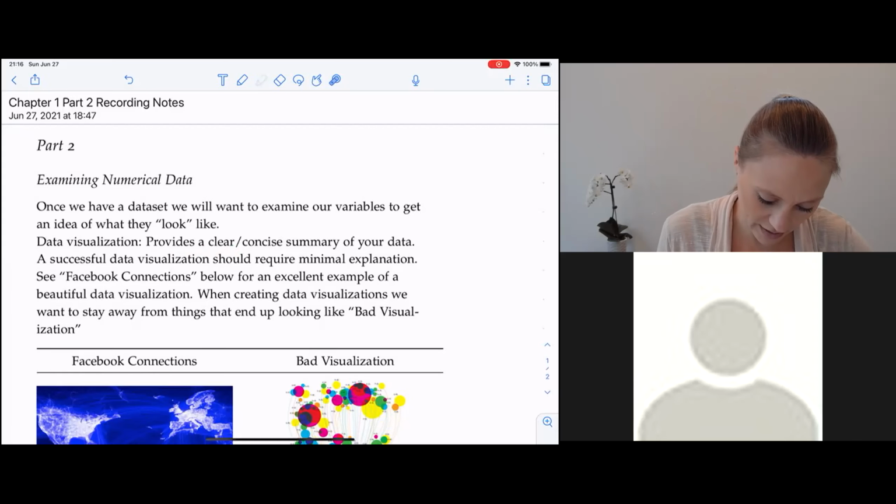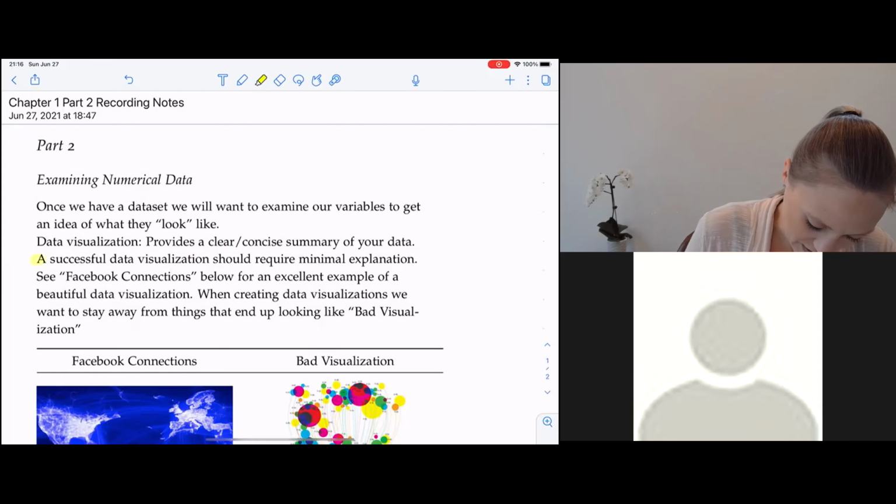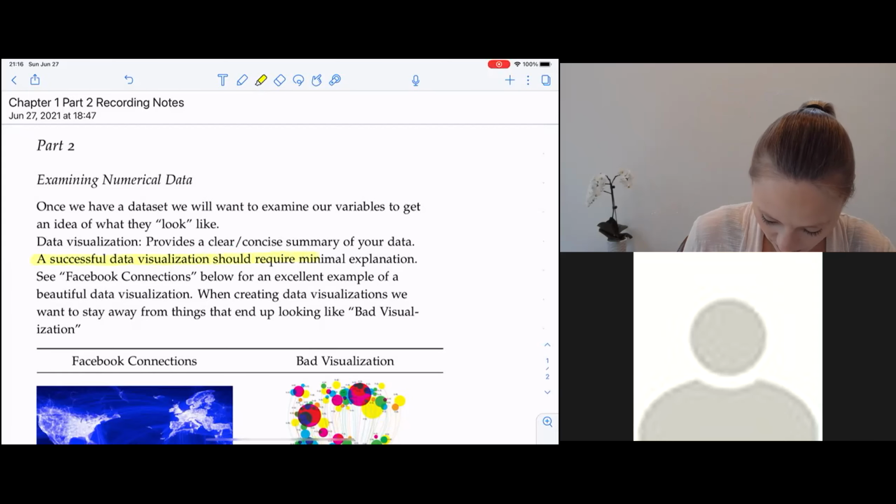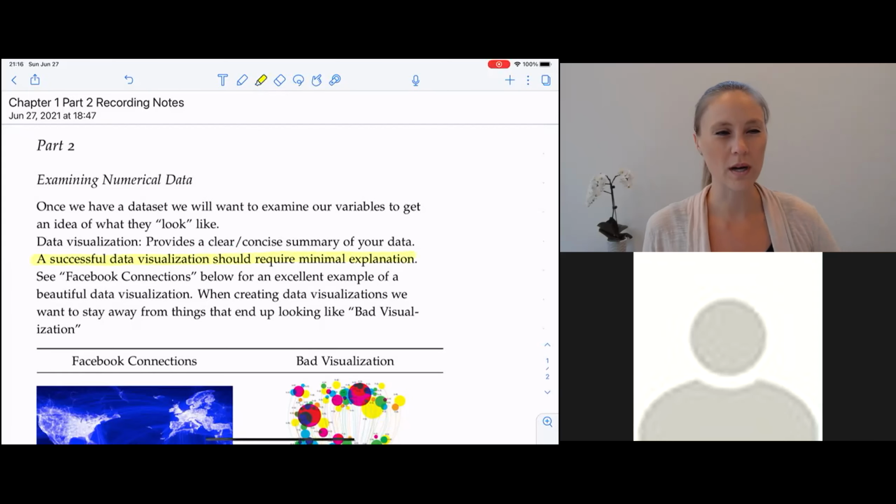One thing I do want to highlight is that a successful data visualization should require minimal explanation. If you're ever having to generate a data visualization, just keep in mind that the more you have to explain it, the worse it is.